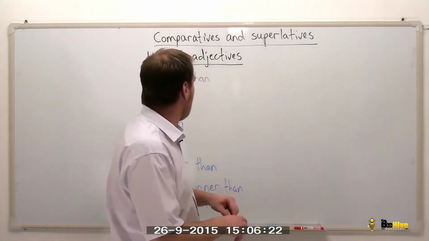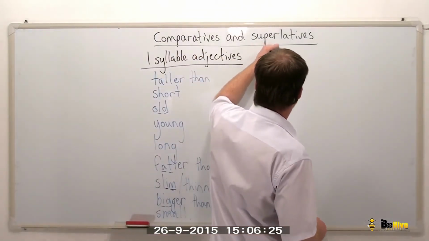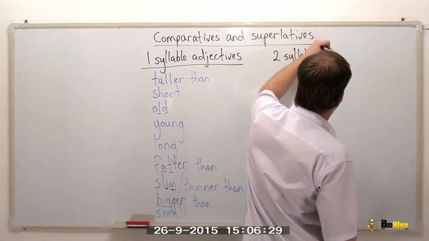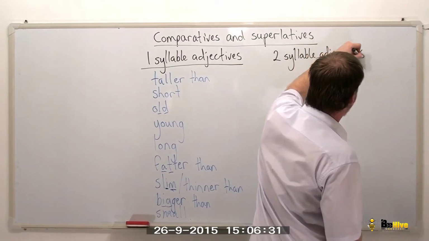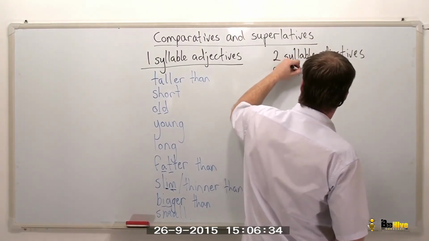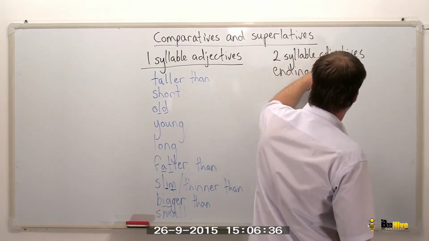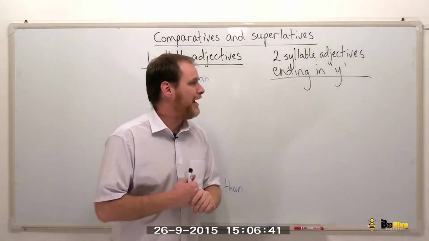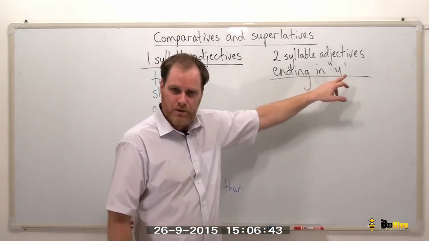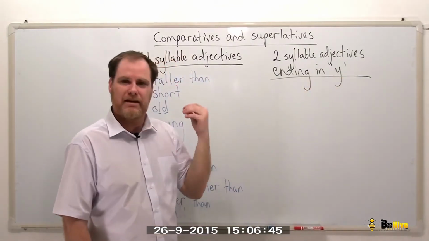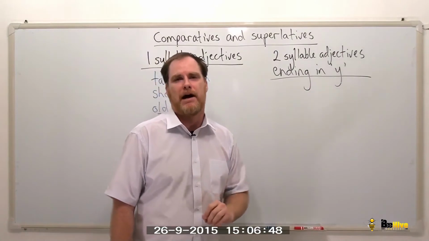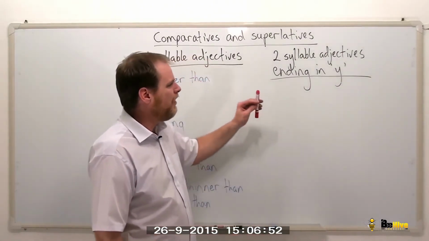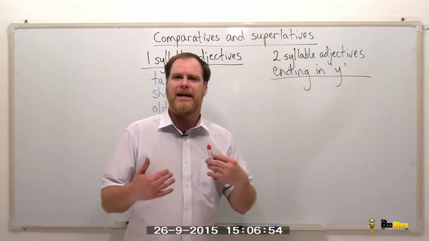Now I want to have a look at what we call two-syllable adjectives ending in Y. That means that the last letter of these words must be Y. So, can you give me some examples of two-syllable adjectives ending in Y?